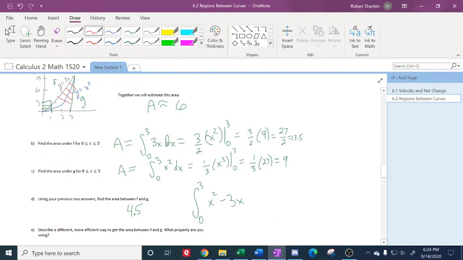It gives you too much area. So what do we do? We take off the area underneath g. It cancels that area out, and it only leaves you with the area between the two curves. So that's the answer. And then now E, keep going, Herman.